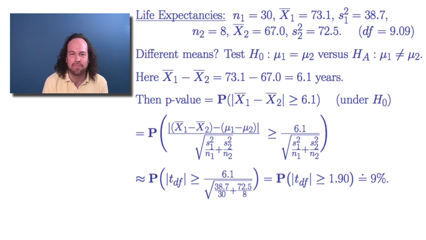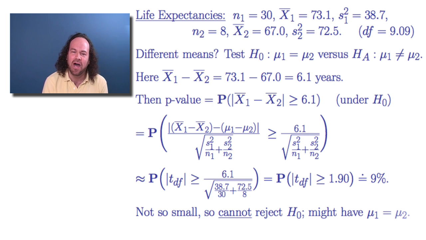So again, it would depend on your significance level, but probably you would say, no, we can't actually reject H0, and we would allow for the possibility that maybe these two means are equal. So maybe it's true that a typical country from East Asia and the Pacific has the same average life expectancy as a typical country from South Asia. So now we know how to compare two means and how to get confidence intervals and do hypothesis tests, all using that same t-statistic that we developed at the beginning.